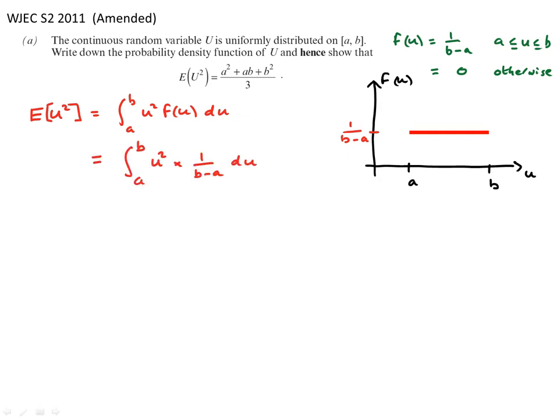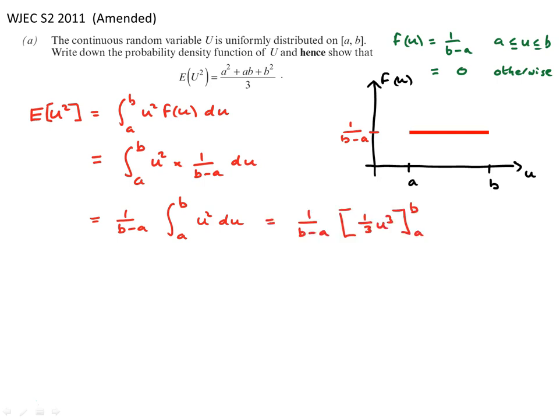So we've got the integral between a and b of u squared times 1 over b minus a. Well, 1 over b minus a is a constant, so we can pull it outside the integral. So we've got 1 over b minus a times the integral of u squared between a and b.